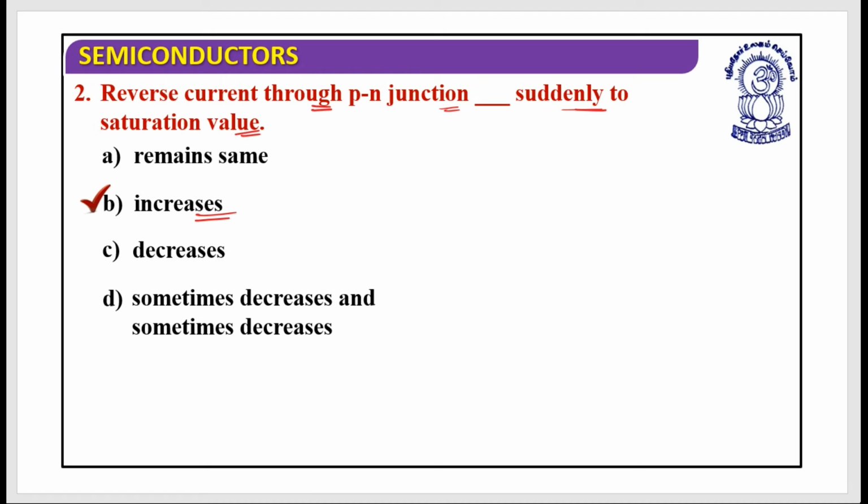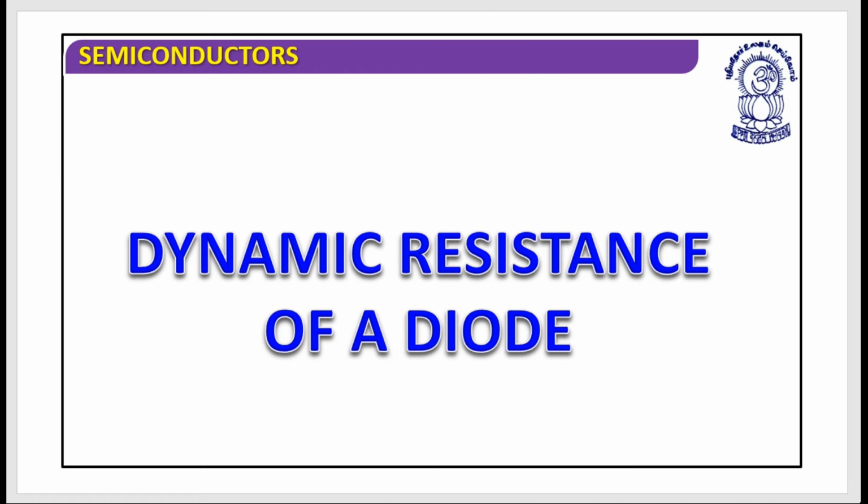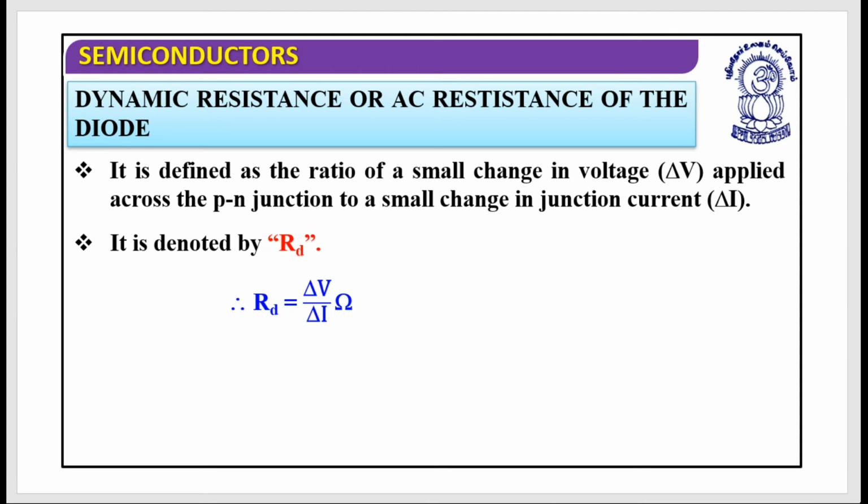Are you sure? We want to discuss the resistance of diodes, and that's because it keeps changing. That's why we generally call it the dynamic resistance of a diode. So let's have a look at what the dynamic resistance of a diode is, or we call this the AC resistance of the diode.